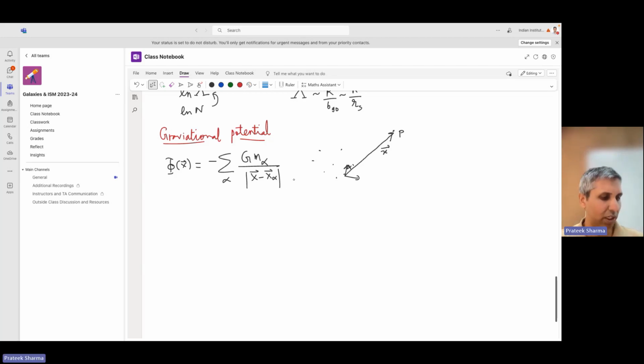You can actually go to the continuum limit as well, and you can write your mass as a density, using these tricks, right? We have done this, 1 over the magnitude of x minus x prime.